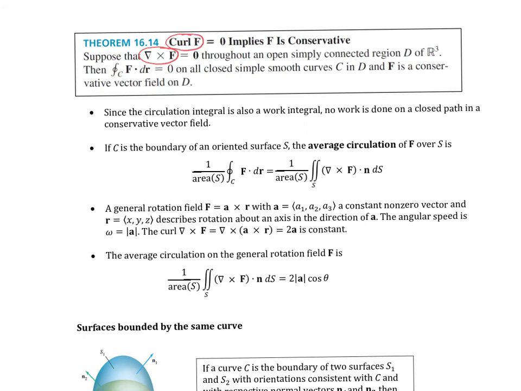So that is the curl, because remember what we did in the beginning is we took the curl, which was the partial derivative of g with respect to x minus the partial derivative of f with respect to y, right? And we replace that with this cross product. So this is the curl.